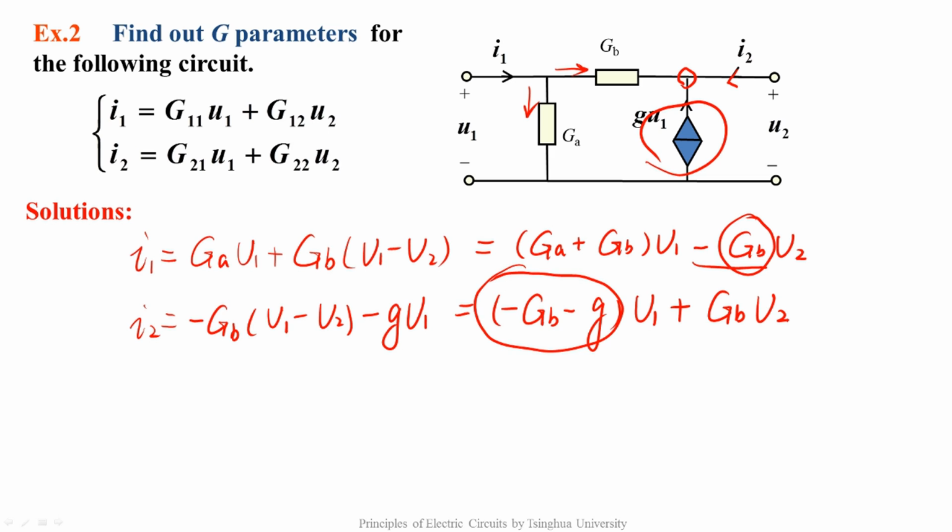Which means it's not a reciprocal two-port network any longer. This coincides with what we've learned in the previous video. We've summarized that a network with controlled source isn't a reciprocal two-port network any longer.